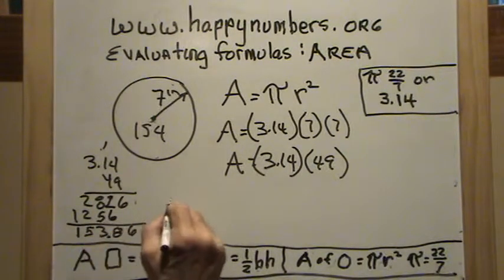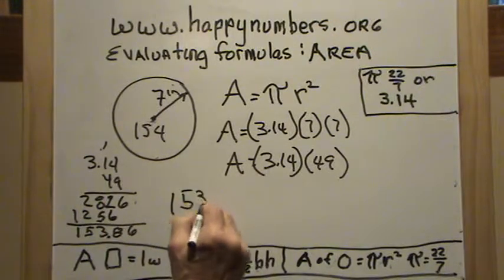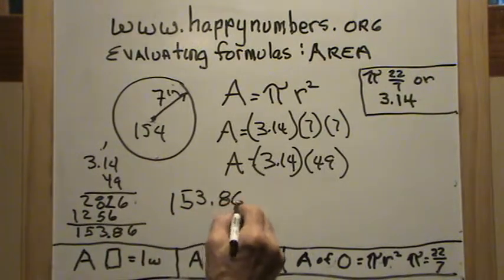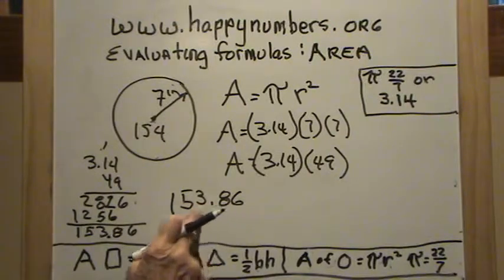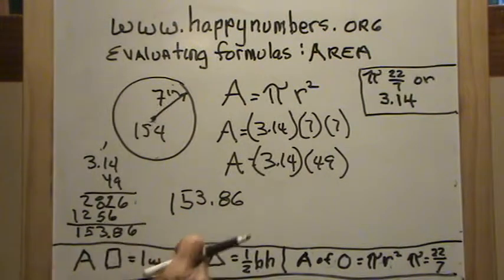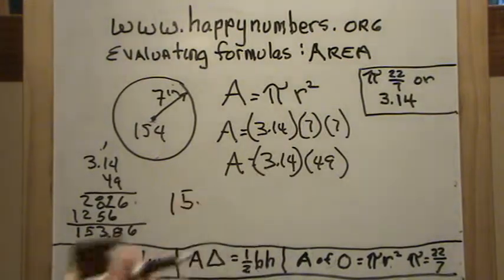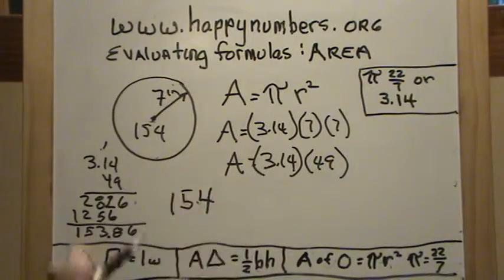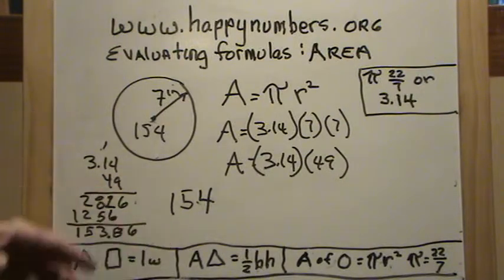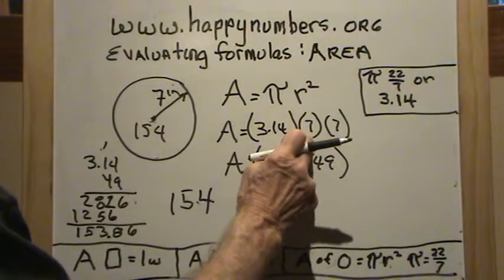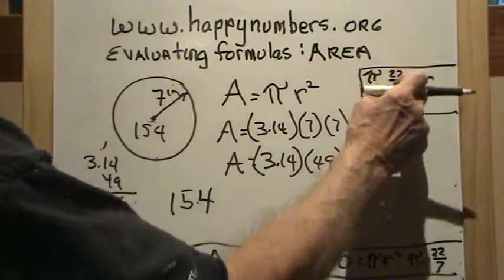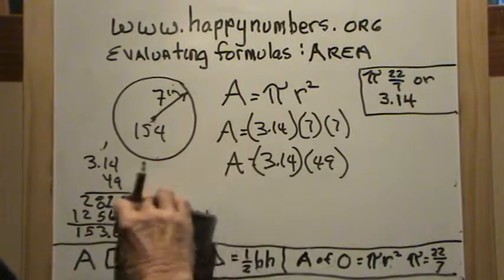Now, we wind up with 153 and 86 hundredths. And if I rounded this off, 86 hundredths is closer to 154. So either way, using either way, we get the same answer. However, since we have a radius of 7, it was much easier for me to use 22/7.